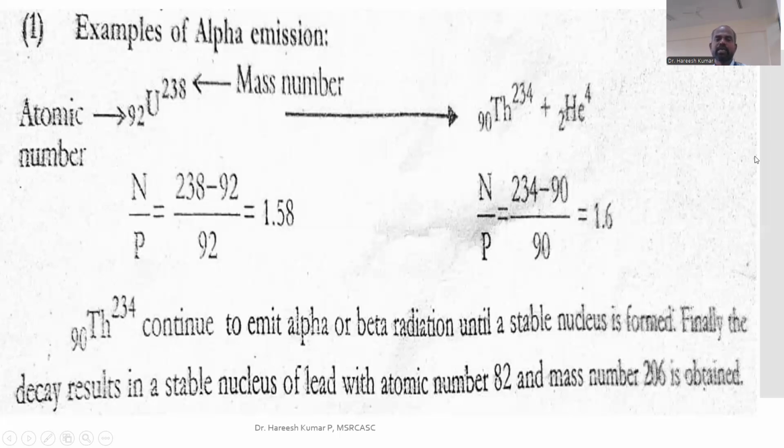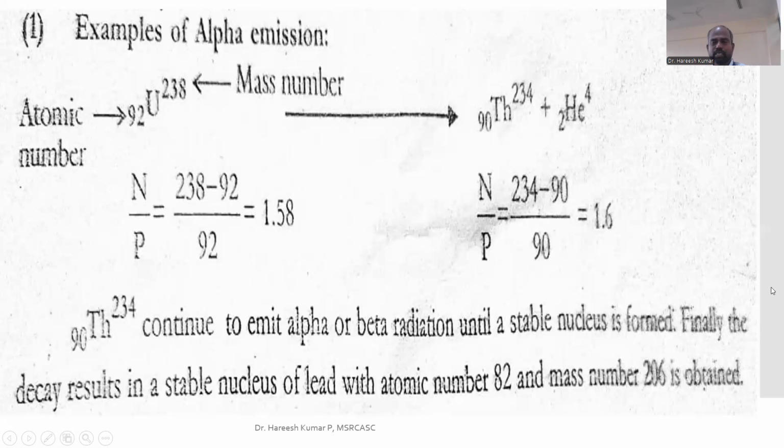That means this is also unstable and emits alpha, beta, gamma to come to a stable form. Lead with atomic number 82 is the stable one, and the mass number of lead should be 206.